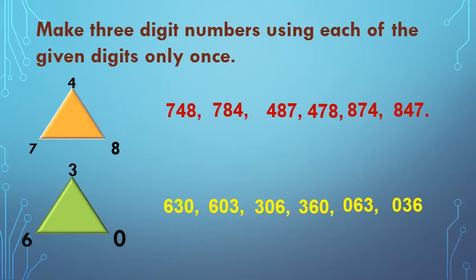So it became 63 and the last one became 36, because those became 2-digit numbers. So this is wrong. Here if 0 is there, we can write only 4 3-digit numbers. Remember this. Okay, is that clear?